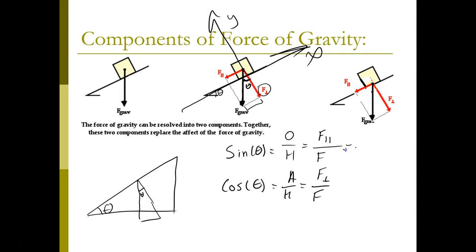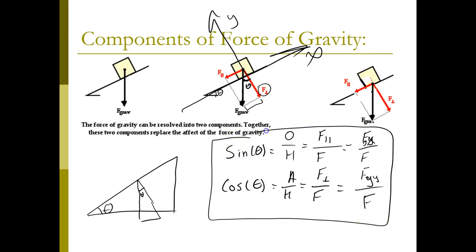We actually see that with inclines, the sine of theta is going to be equal to F_gx over F, and our cosine is going to be F_gy over F. So it's very important that we take into account what our sides are.